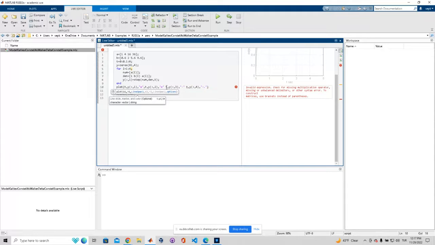Miss anything? Oh, we missed a comma here. All right, so a comma can ruin your code. Anything, a comma here again. Okay.